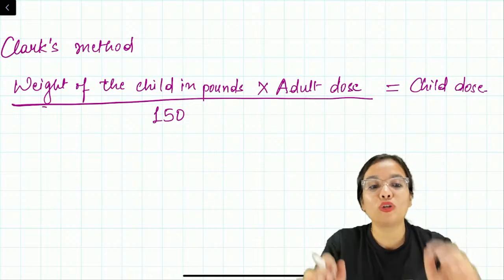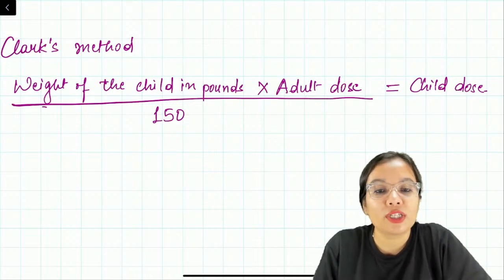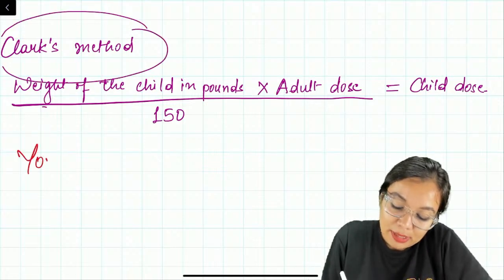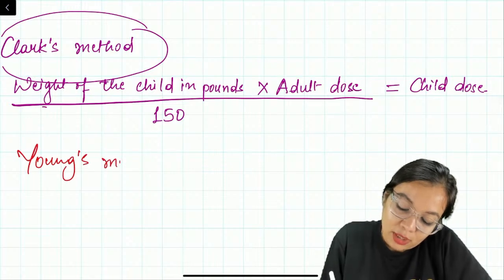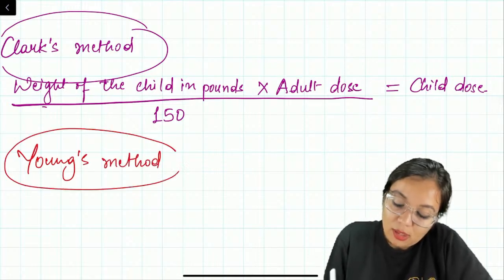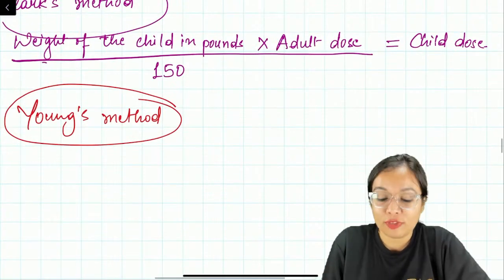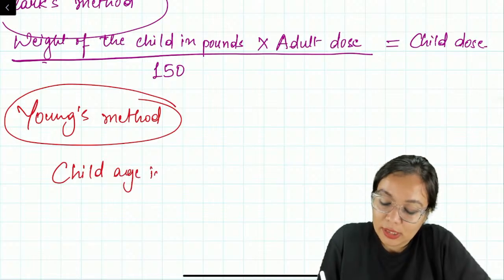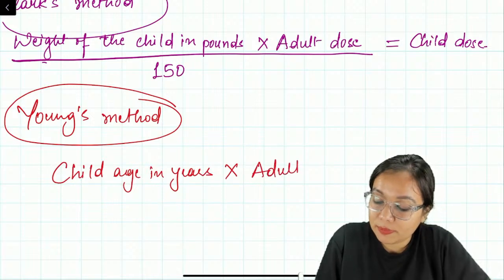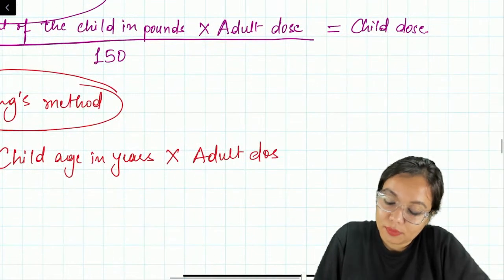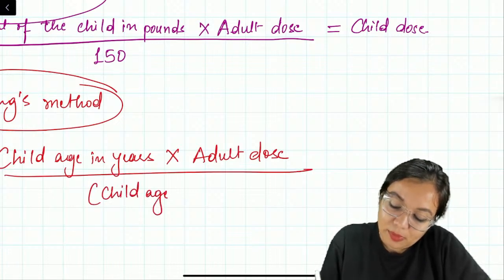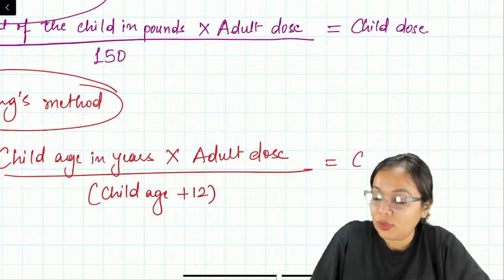Okay, so you must also know there is Young's method of calculation. So that's the Clark's method. Then the Young's method of drug dose calculation uses the age of the child. So this formula is child age in years multiplied by adult dose divided by child age plus 12 is equal to the child dose.